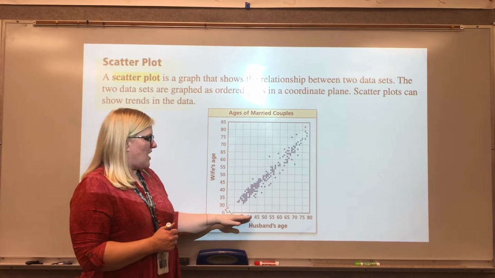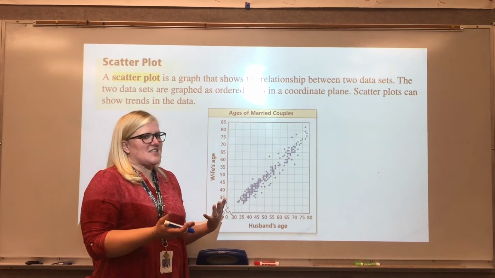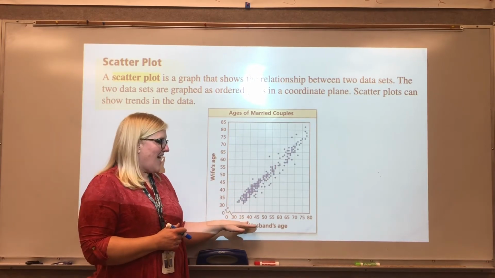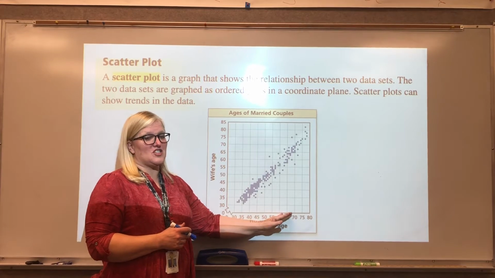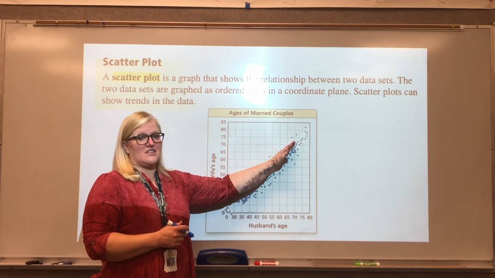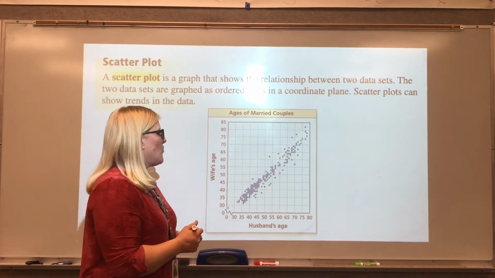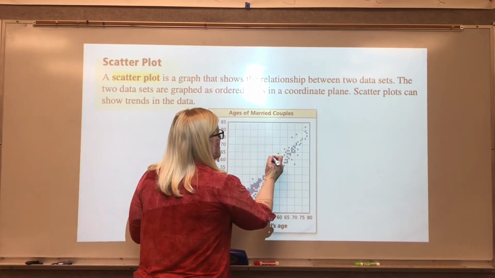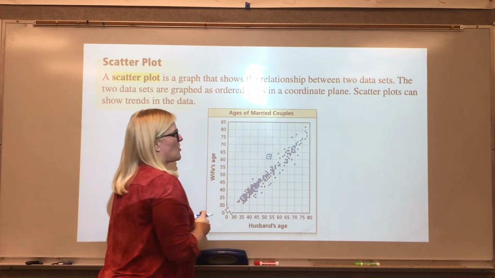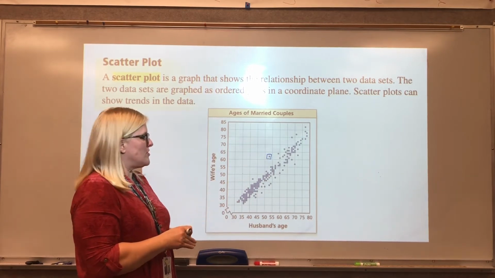And it makes sense that as the husband's ages increase, the wife's ages increase also because they're getting old, right? One of the ones I wanted to look at though was this one. I was curious to know the ages of that couple.